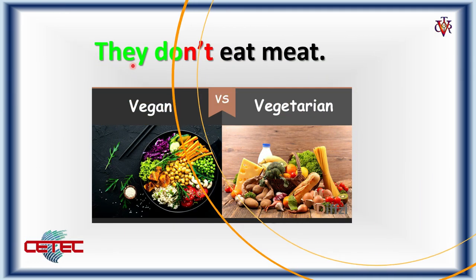Let's see this example. They don't eat meat. Vegan versus vegetarians. They are completely different. Depends. Vegans, they don't eat any meat and they consume seeds and vegetables.